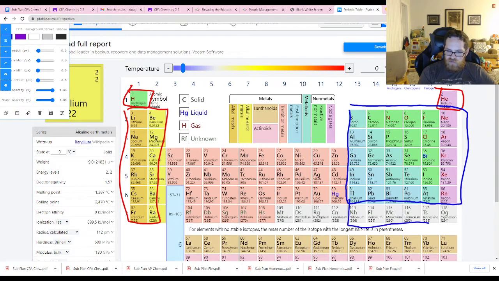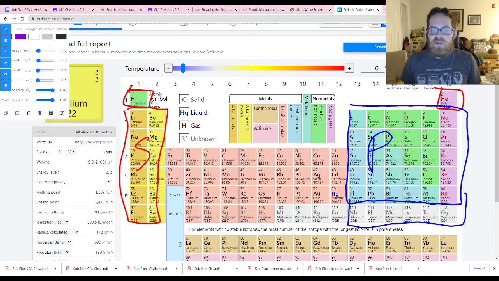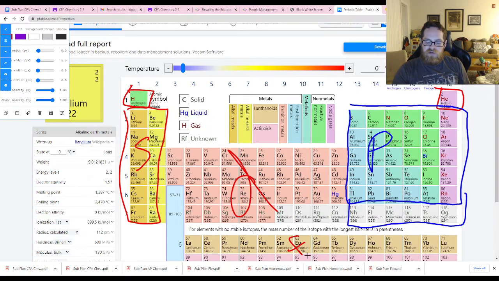Well, really it extends down here as well. If it ends in here, then it's going to be the p orbital, and it literally goes in order: P1, P2, P3, P4, P5, P6. There's 6 of them. S1, S2. And then you just apply whatever level you're looking at. If you want the D block, this is the D area, and this is the F area down here. But again, we're mostly focusing on the S and the P right now.